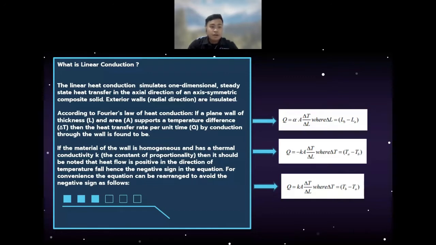If the material of the wall is homogeneous and has a thermal conductivity K, the constant of proportionality, then it should be noted that heat flow is positive in the direction of temperature fall, hence the negative sign in the equation. For convenience, the equation can be arranged to avoid the negative sign as follows. As you can see, this is the formula.